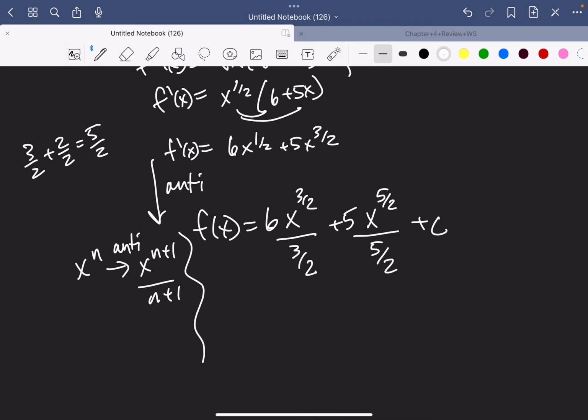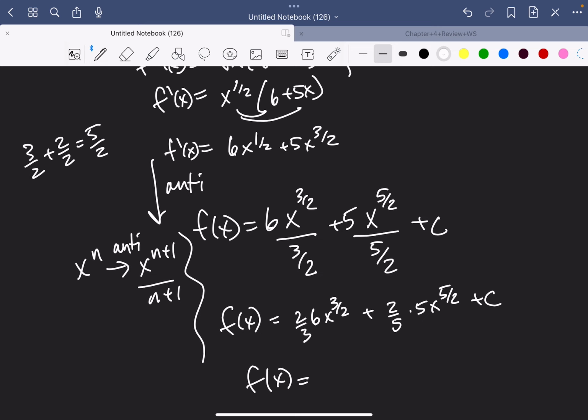And so when we come over here, I guess we're going to get 2/3 times 6x to the 3/2 plus 2/5 times 5x to the 5/2 plus c. So that means we're going to get 4x to the 3/2 plus 2x to the 5/2 plus c.